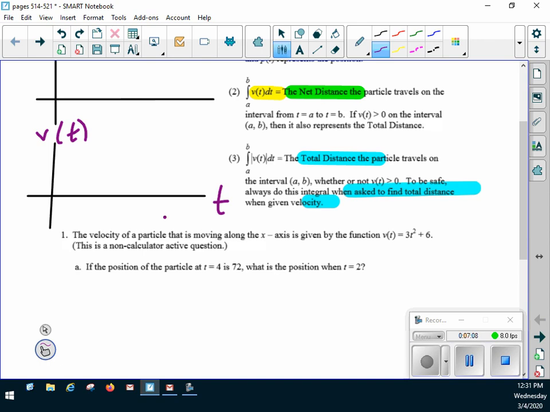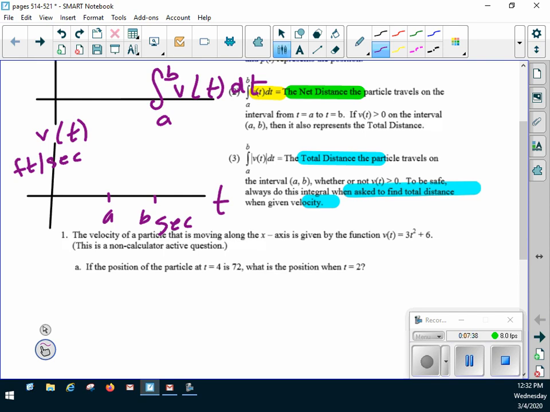Now let's let this be in seconds, and let's let the velocity be in feet per second. Okay? If I integrate this velocity from a to b, and I don't care what the function is, that's not an issue right now, what units will I have?